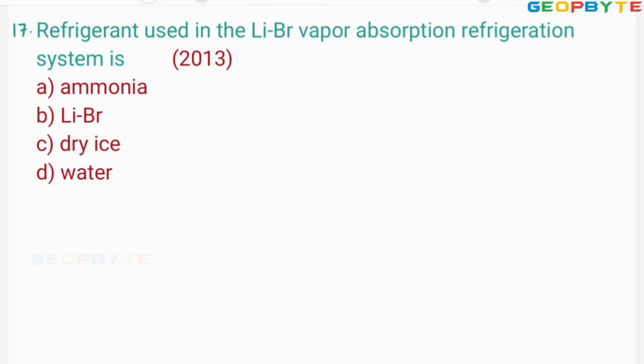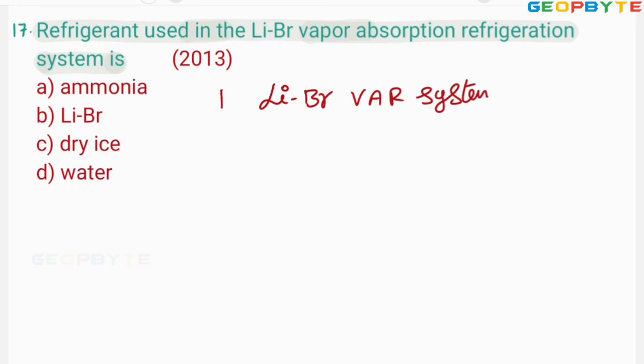Look at the 17th problem. Refrigerant used in lithium bromide VAR system. For lithium bromide VAR system, water is used as refrigerant.